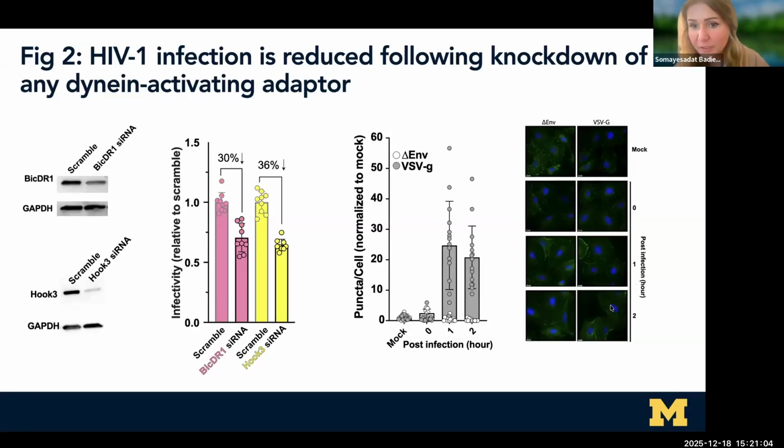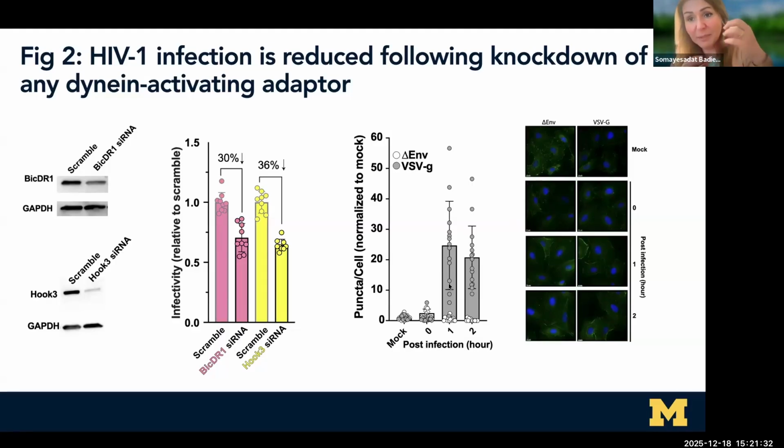It may not be really clear in the image because the puncta are so small, but in the case where the envelope protein of HIV-1, as a control, is mutated, so the infection is not actually happening, you don't see any puncta.